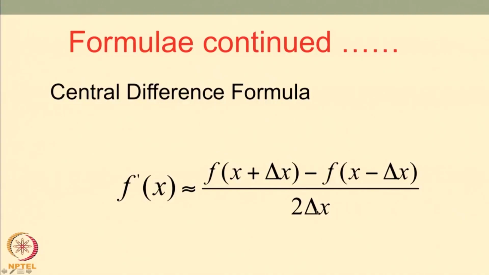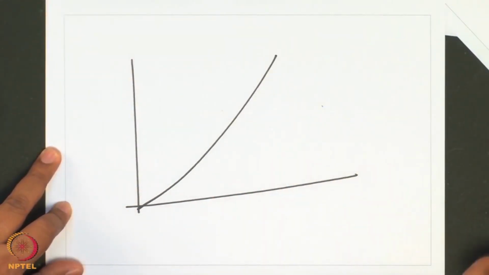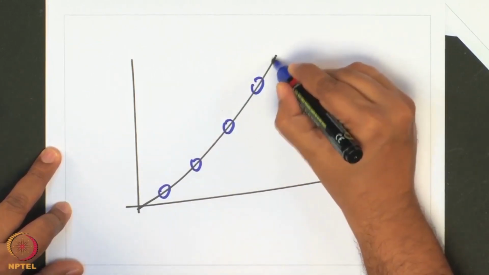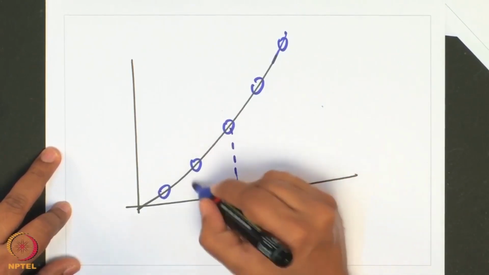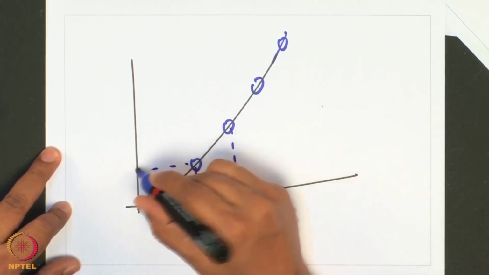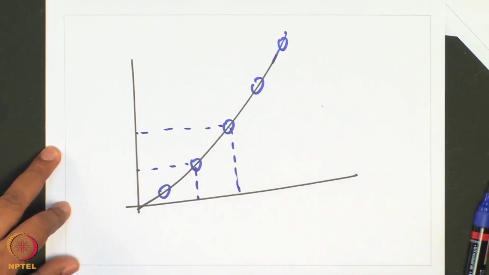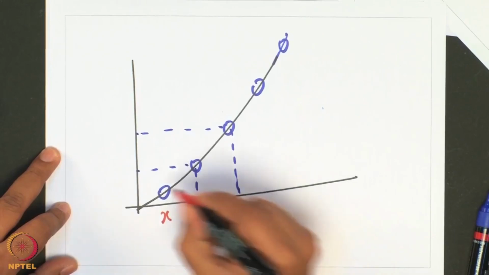F prime of x is equal to f at x plus delta x minus f at x minus delta x, divided by 2 delta x. Another way of thinking about this is the following: imagine that you have this data. We had these data points here, here, here, here, here. Now let us take these 2 points. Let me call this x1, this is x2, this is x3.